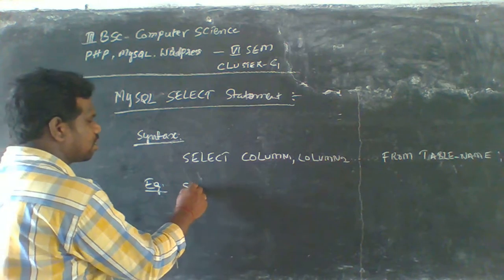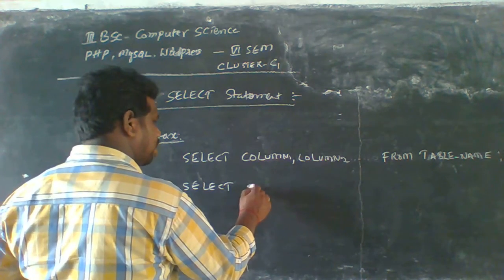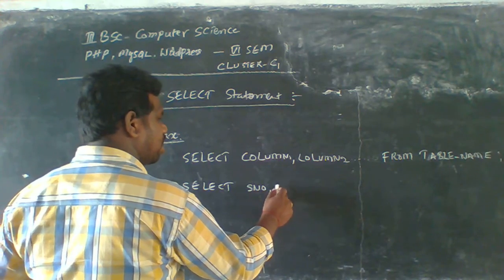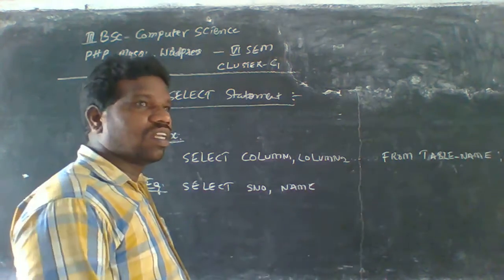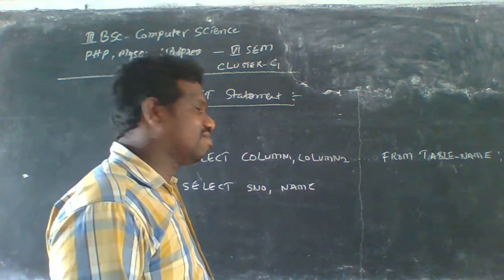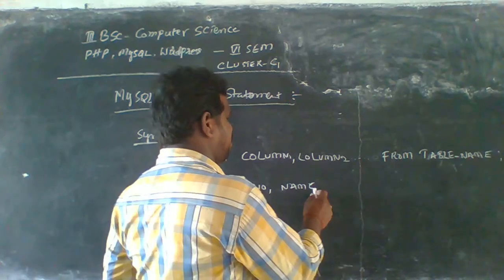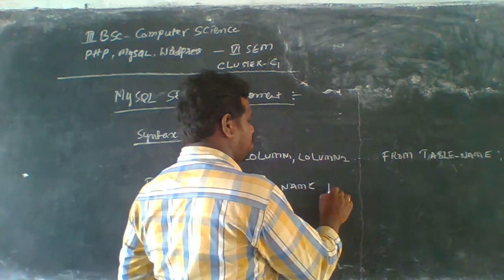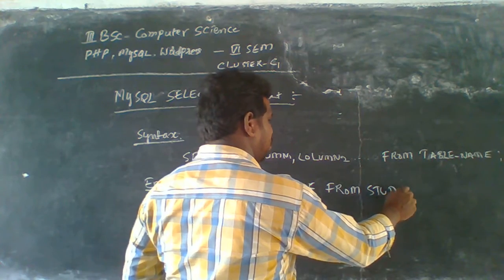SELECT the column names, that is sno, name, FROM student.